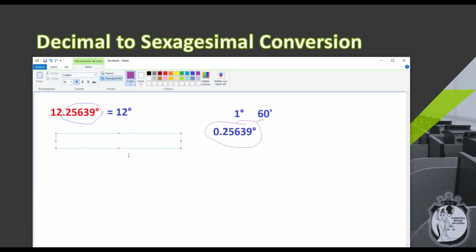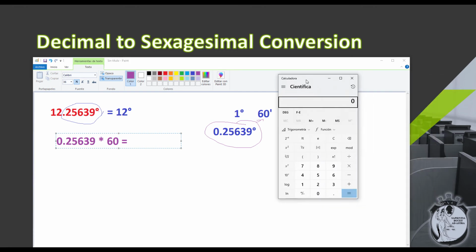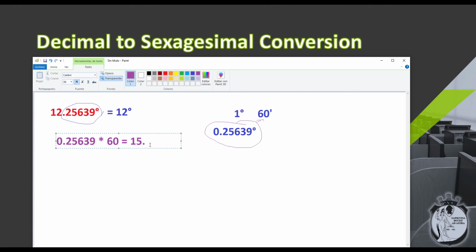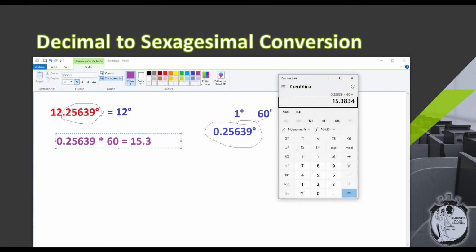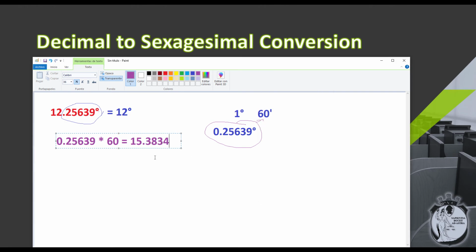So here the 0.2563.9 multiplied by 60, okay, is equal to, let me check, 0.2563.9 multiplied by 60, it is 50.3834 minutes.